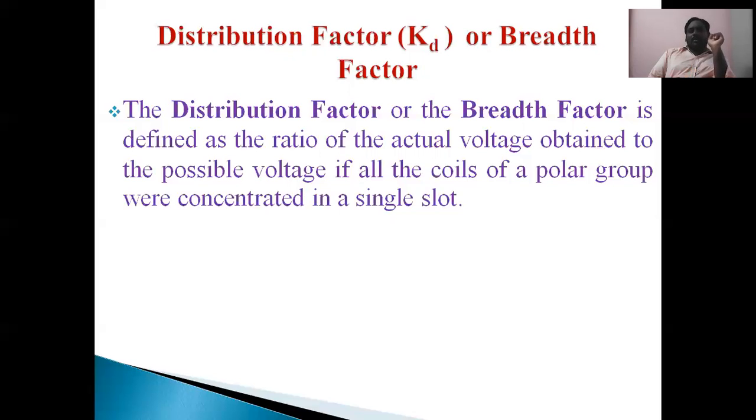Distributed winding means the coils are distributed throughout the slots of the armature, and concentrated winding means the coils are accommodated in only one slot.